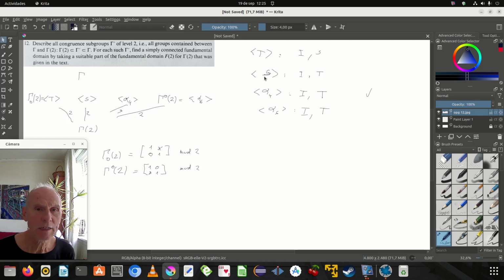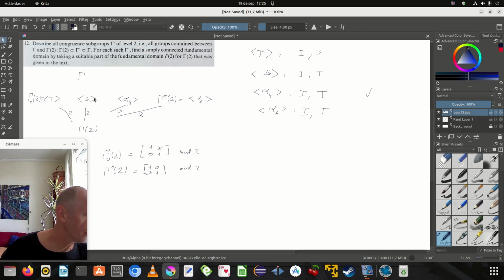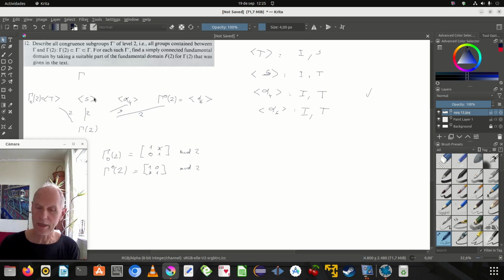Well, let's check the group generated by S. We have 1 and T. We can't use S itself, so the only other guy that comes into play is alpha 5. So let's check whether alpha 5 works.